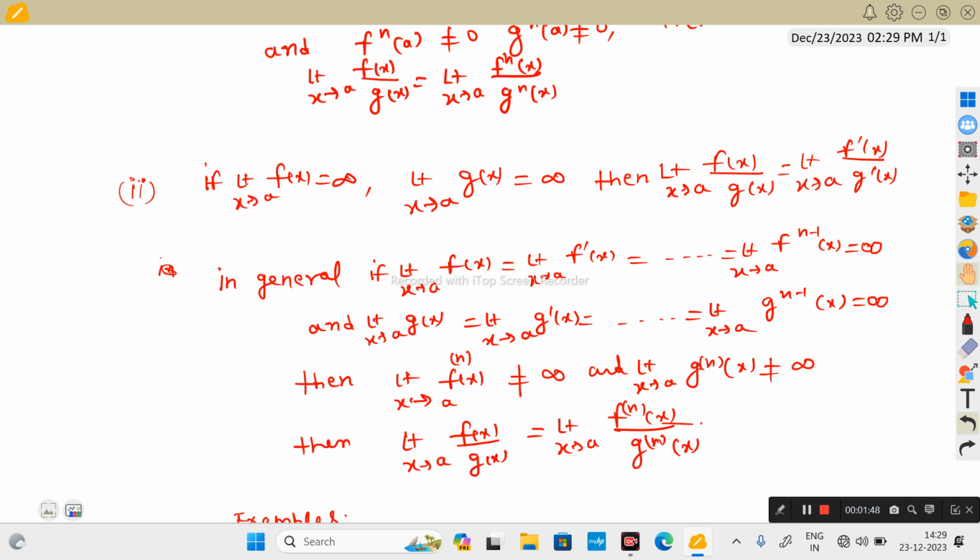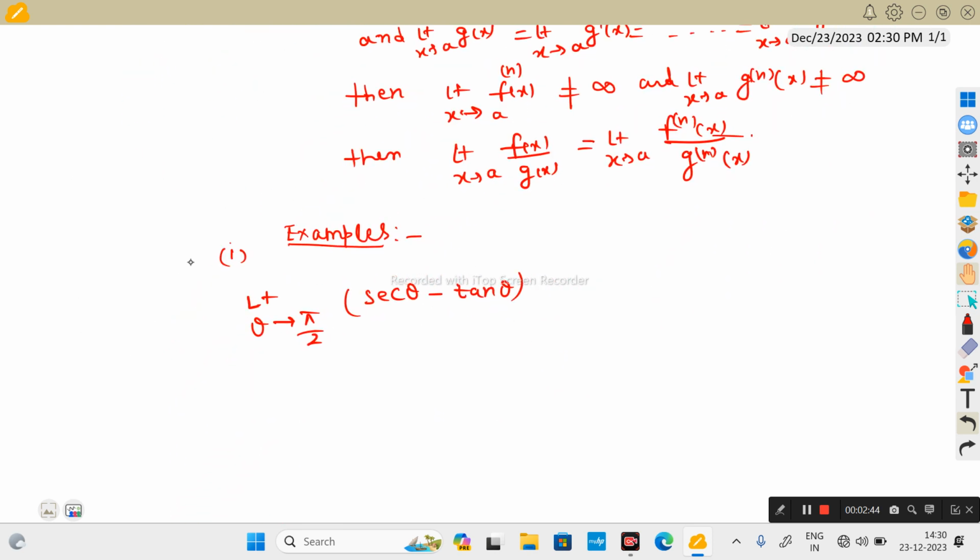In general, similarly, if the limits of the first derivative of f up to the (n minus 1)th derivative of f are infinity, and likewise for g, and the nth derivatives of f and g at x are not infinity, then the limit as x tends to a of f(x) upon g(x) equals the limit as x tends to a of the nth derivative of f(x) upon the nth derivative of g(x).